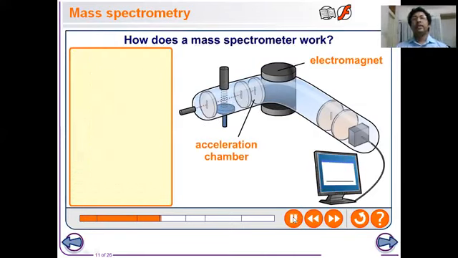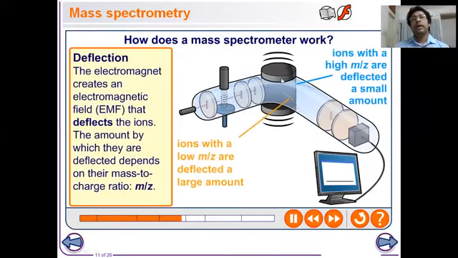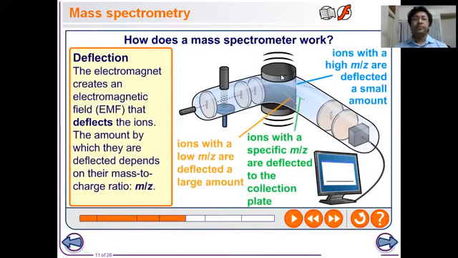Well, our next section is called the deflection section. Here, two heavy magnets are used to make sure of the deflection of the charged particles. Here the machine will measure the mass charge ratio, M/Z ratio.